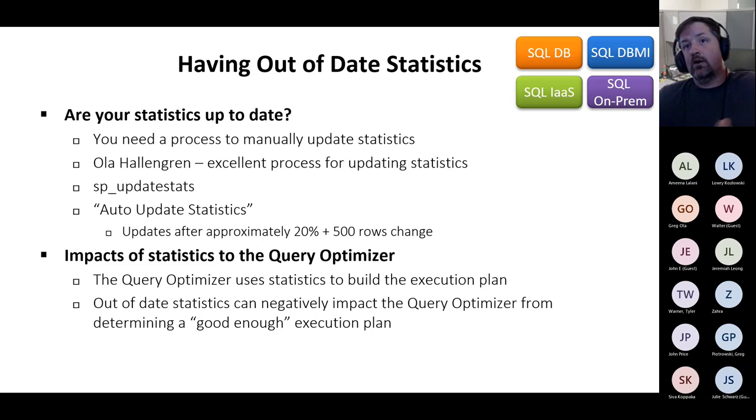So if you can help SQL and do this ahead of time, during a maintenance window in the wee hours of the morning, it could definitely help out. So yeah, with Ola Hallengren's process, there's a couple of parameters, @UpdateStatistics, where there's been row modifications, or you can set the percentage of data change.